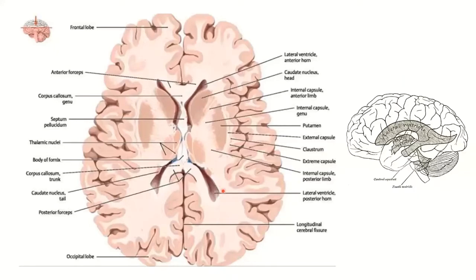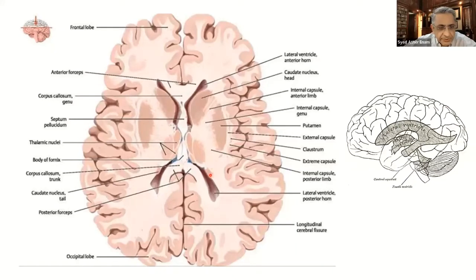On the lateral side, the caudate tail is going right next to the atrium, and then the decussating fibers over there make the tapetum. So in this are also the optic radiations and some of the posterior part of the corpus callosum. The splenial fibers are in there as well.